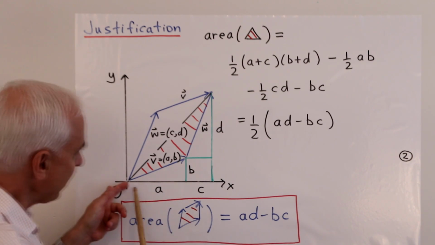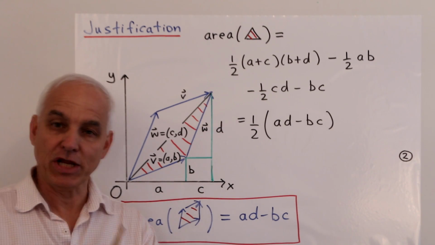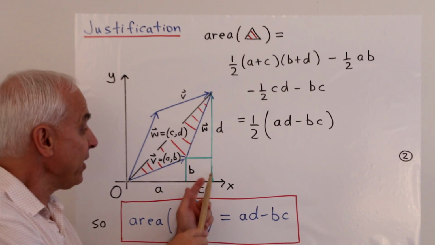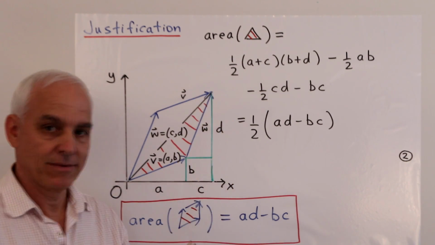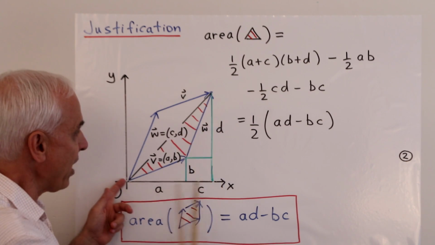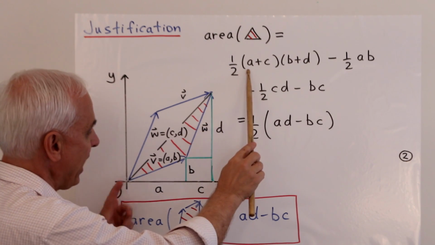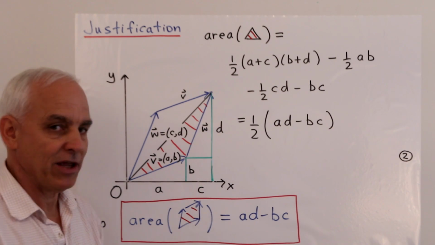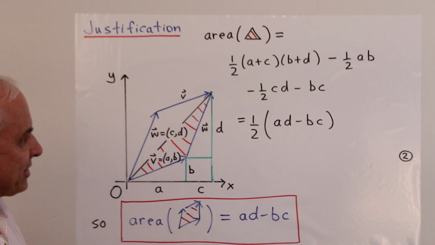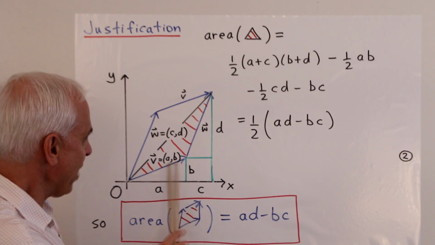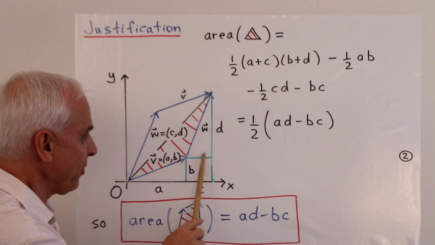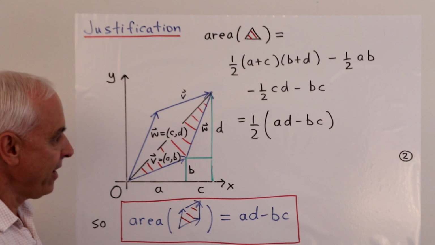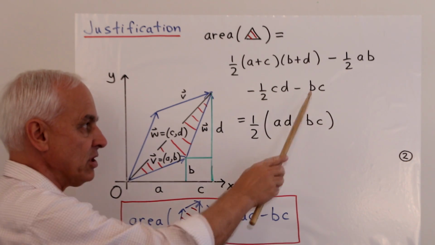Altogether, the horizontal separation here is a plus c, and the vertical separation here is b plus d, meaning that this entire triangle has area 1/2 (a plus c) times (b plus d). And then we can subtract the area of this little triangle, which is 1/2 ab, the area of this triangle here, which is 1/2 cd, and the area of this rectangle, which is bc.